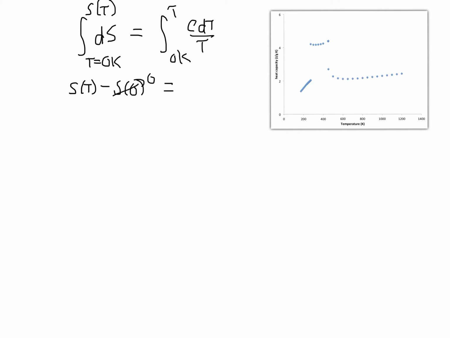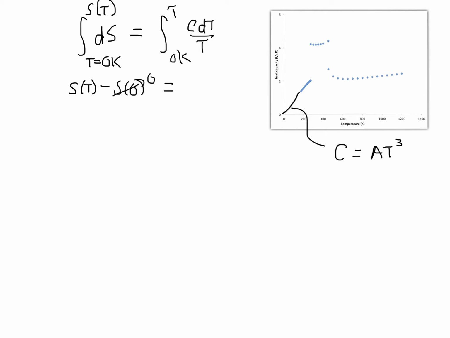As we extrapolate to 0 Kelvin, this extrapolation looks like C is proportional to the cube of the temperature. And so if at low temperatures we replace this cubic equation for the heat capacity, we can integrate this at low temperatures and use our experimentally determined data at higher temperatures.